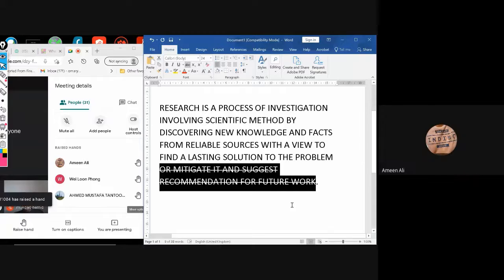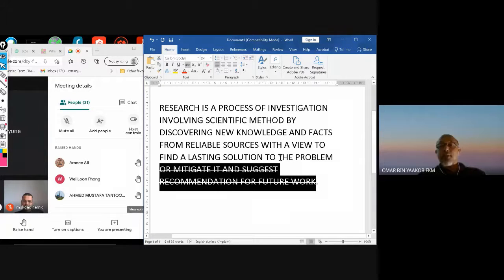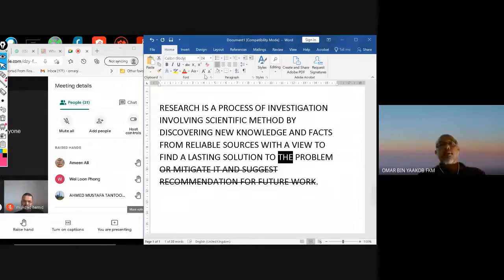Okay, that's Amin's view. What about the rest? Change the problem to a problem, because it's not mentioned about problem before. Okay, so a problem. Are we agreed on that? The word lasting.